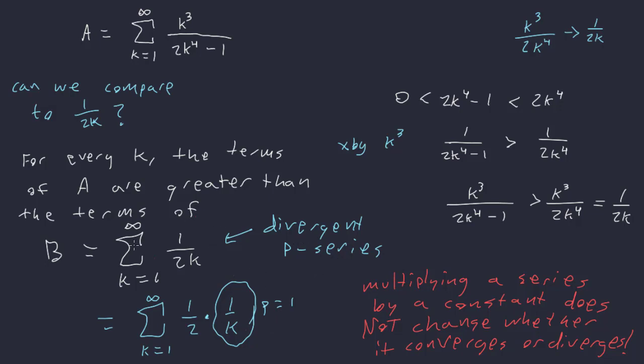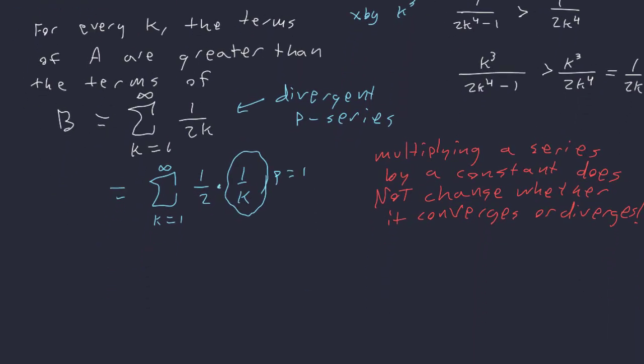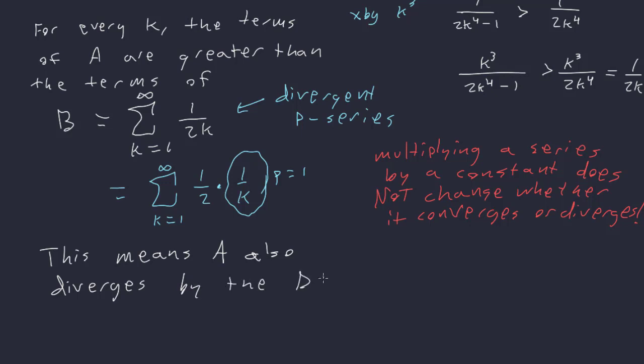All right, so since B is a divergent p-series, this means A also diverges, by the direct comparison test.